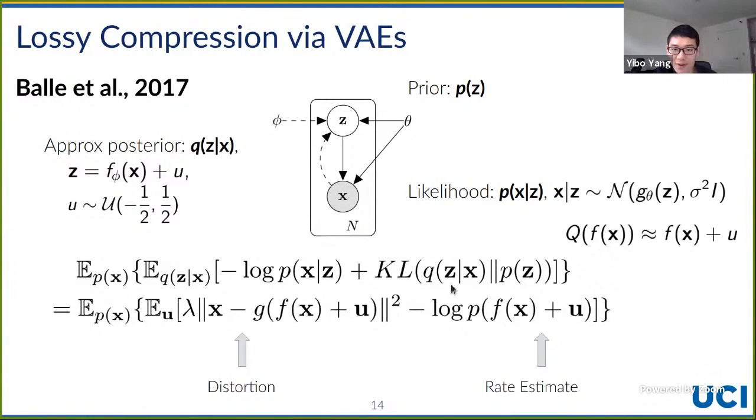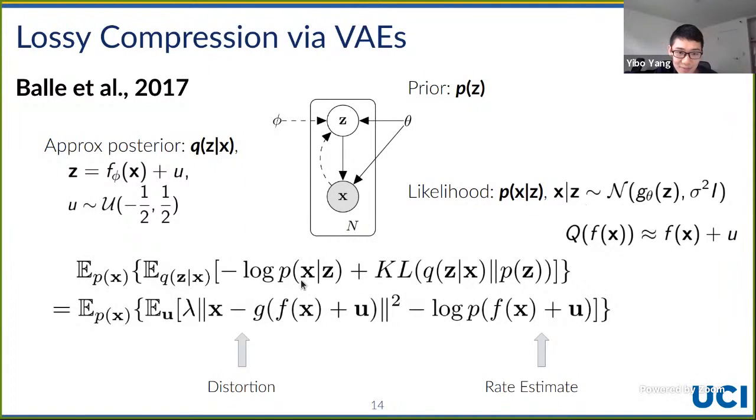For example, if the likelihood is a Gaussian distribution, then if you take the negative log of the Gaussian likelihood, you end up with a squared distance between your observation and the predicted mean of this distribution.